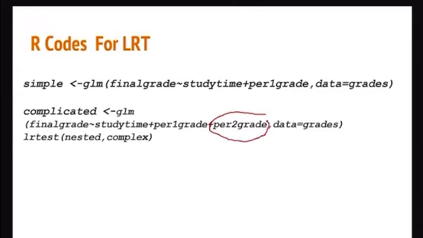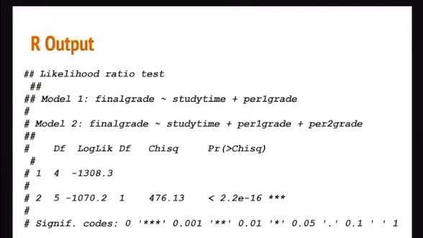Does that make sense? Now, like I said, you're going to run that LR test on simple versus complicated. Let's see the result. This is the result. If you take a look at this, you pay attention to the p-value. What happened now? The p-value is less than 0.05.